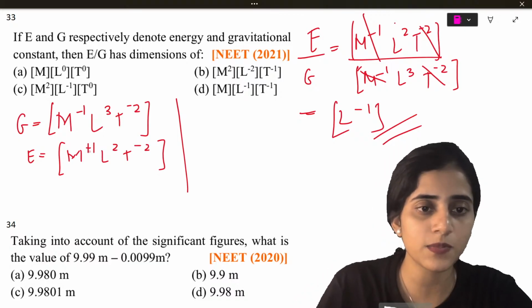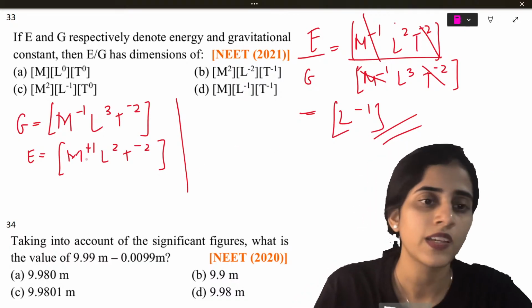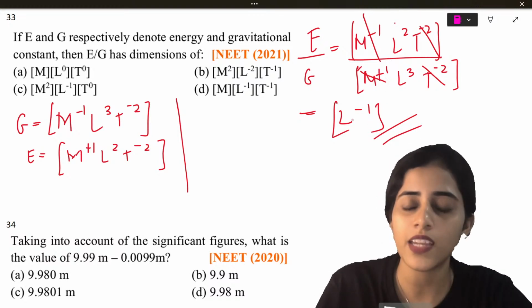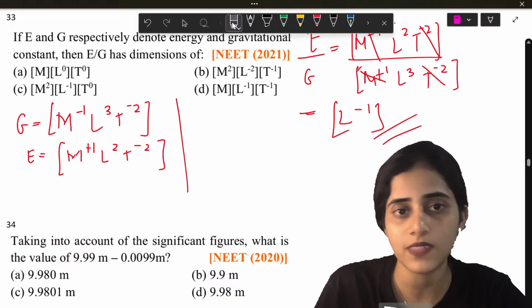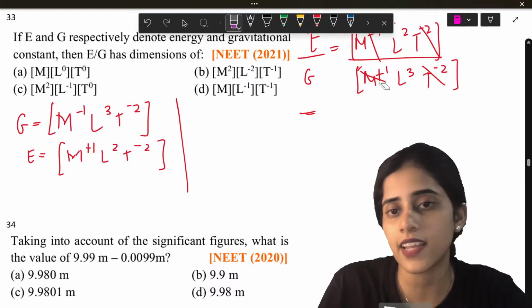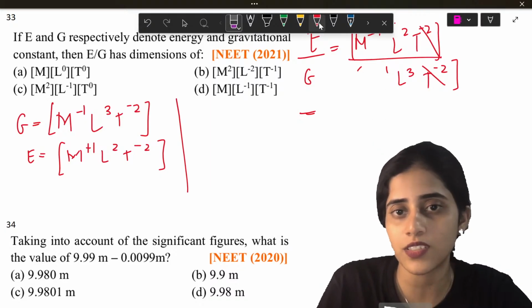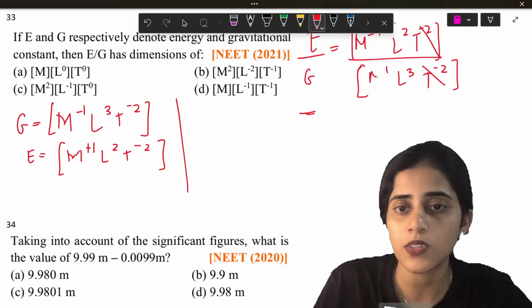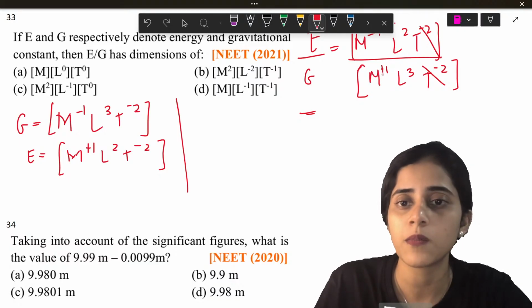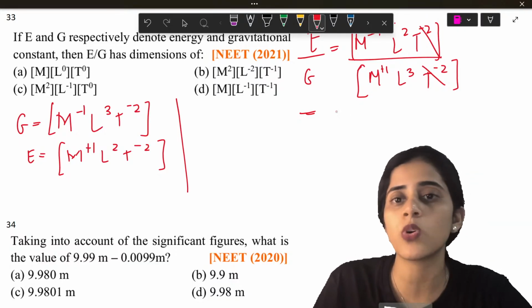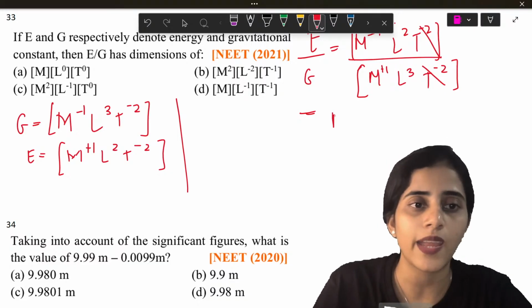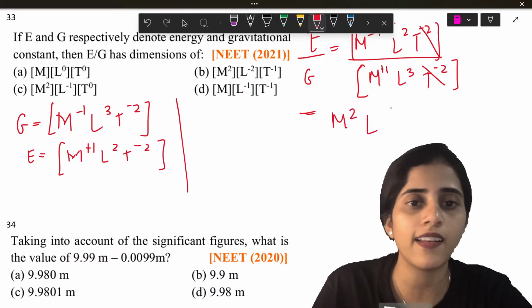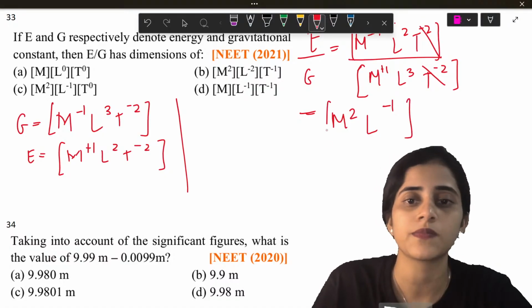Okay, I think this is plus 1. That's what's gone wrong. So if this is plus 1, then when it goes up, yeah. So that is energy, right? So that was just a typing mistake. So this is M plus 1. So when M plus 1 goes up, it becomes M square L raised to minus 1.